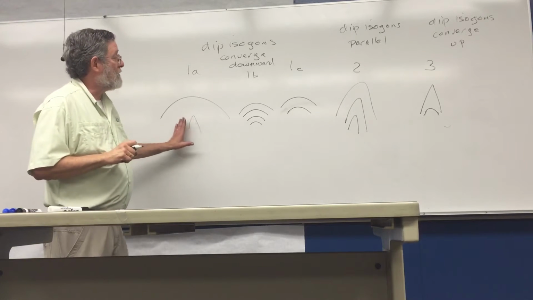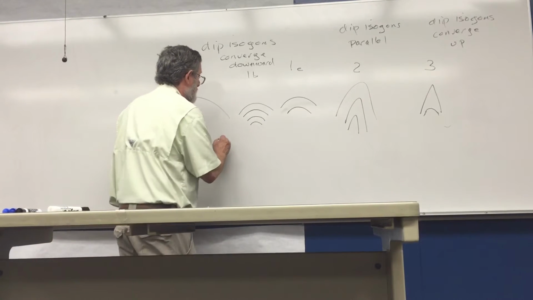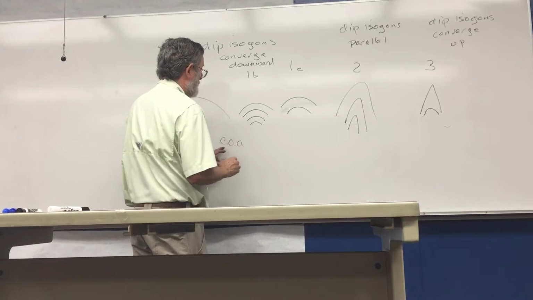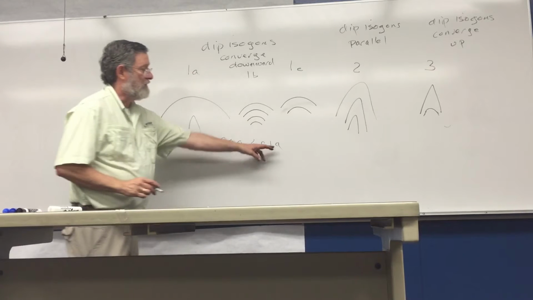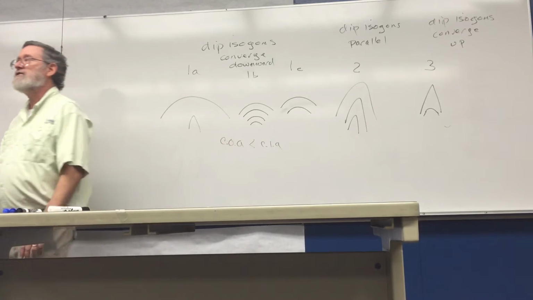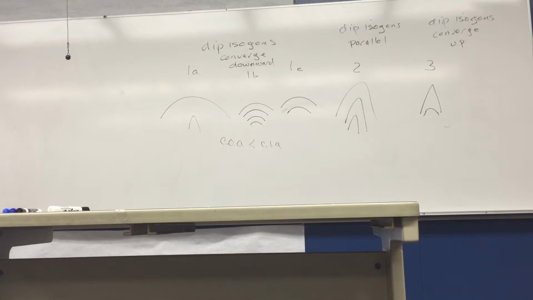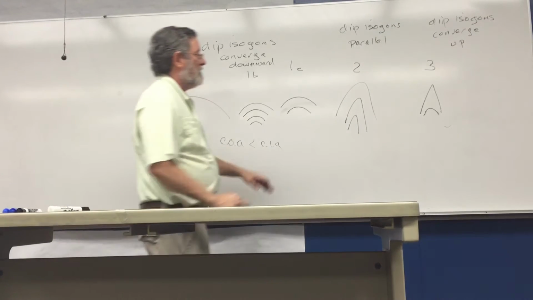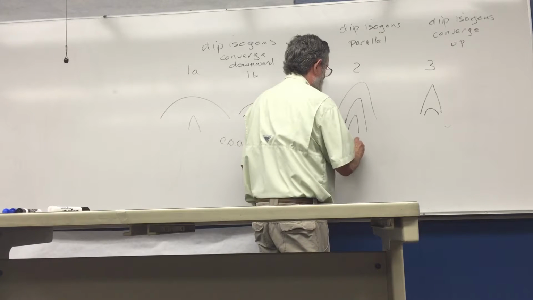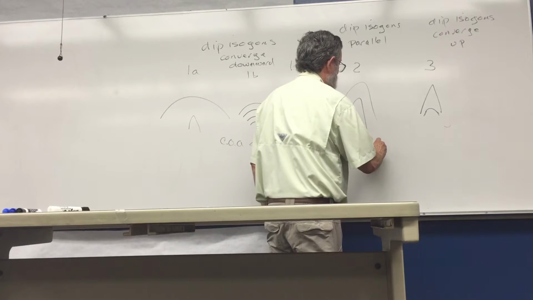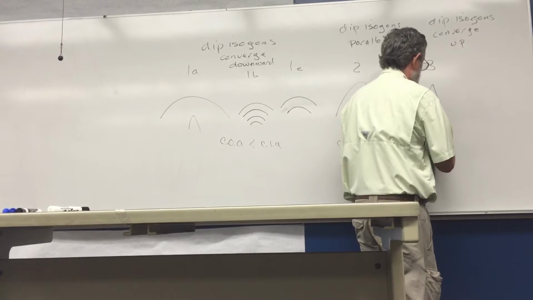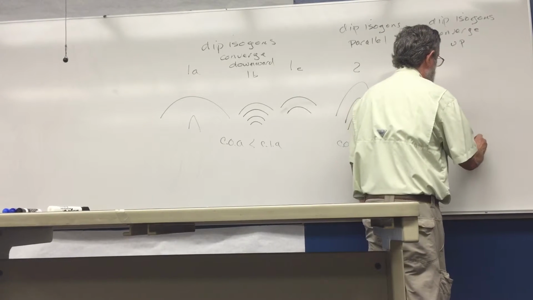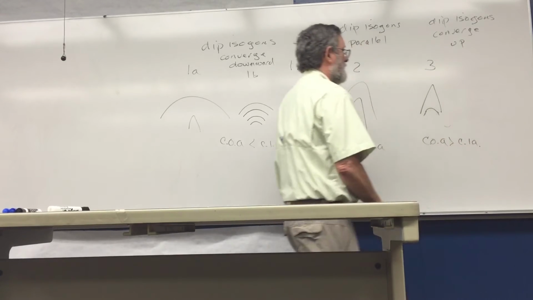So we go from curvature of the outer arc in this case being less than curvature of the inner arc. That's not Central Intelligence Agency, that is geology. In this case, the curvature of the outer arc is equal to the curvature of the inner arc, and in this case, the curvature of the outer arc is greater than the curvature of the inner arc in that system.